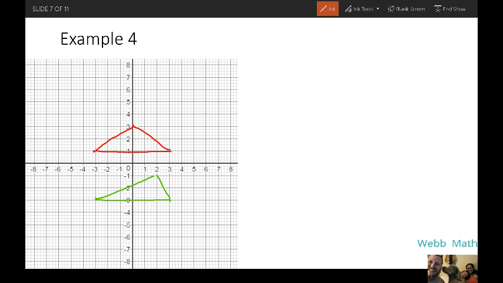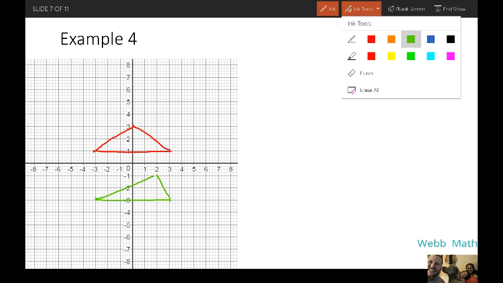Now, are these guys similar? Is the red triangle similar to the green triangle? Well, I don't think so. I think something changed just visually looking at it. The bases look similar, but something's different.